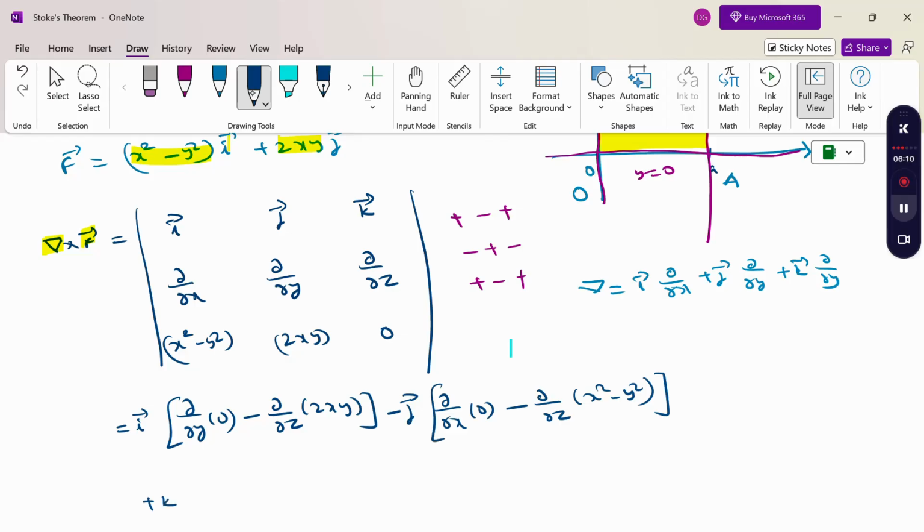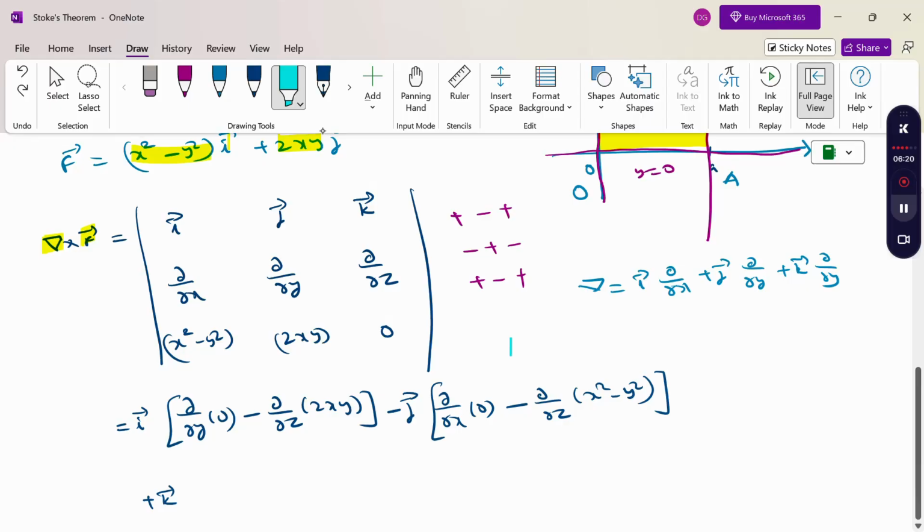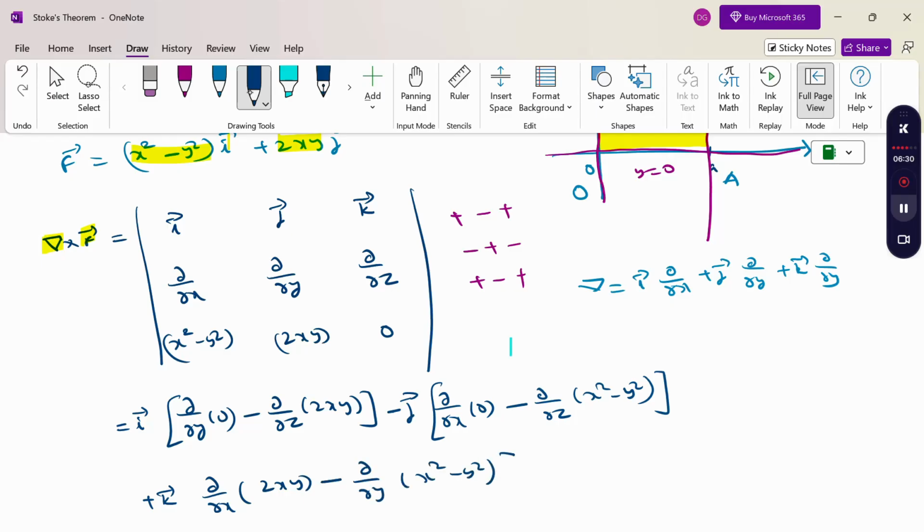Plus k vector, again leaving this column and row, cross multiplication: k vector, dou by dou x of 2xy minus dou by dou y of x square minus y square.